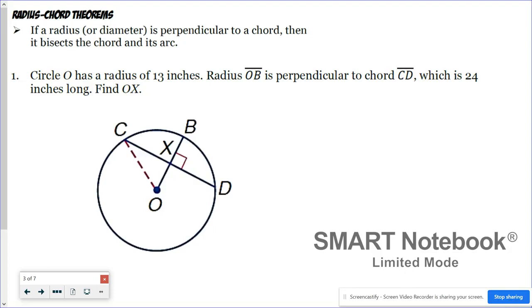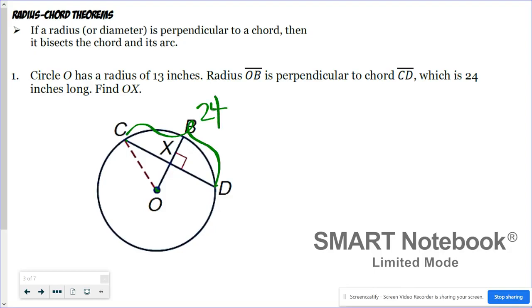Just remember that all radii of a circle are congruent. So OC, which they've drawn for us, is 13. OD would be 13. OB would be 13. Radius OB is perpendicular to chord CD, which is 24 inches long.